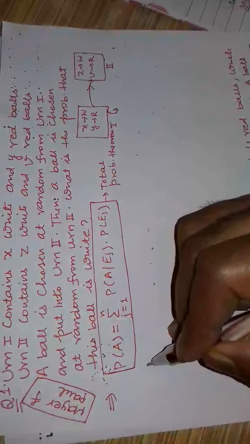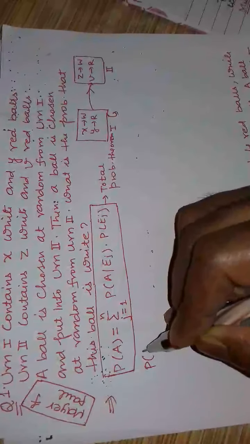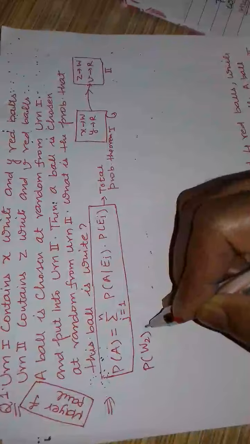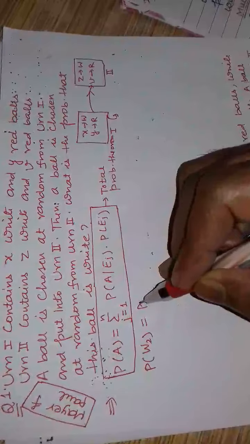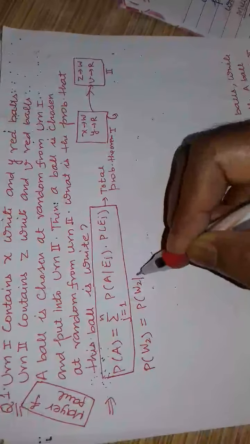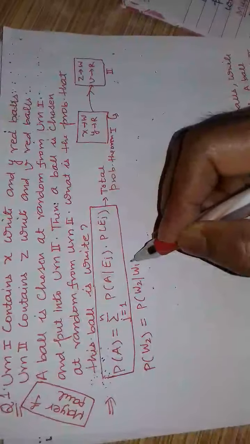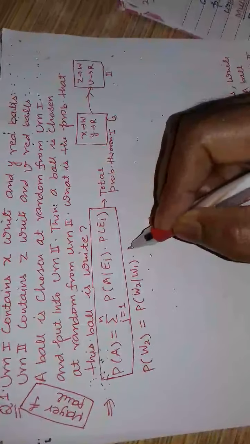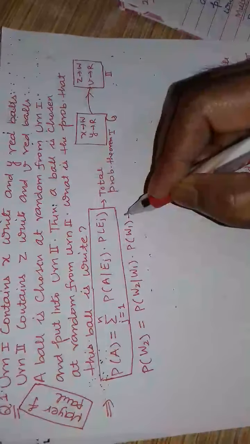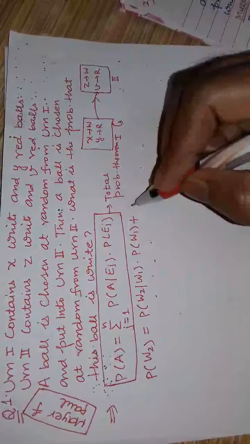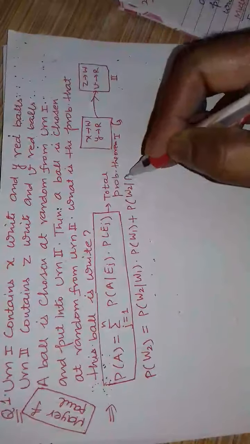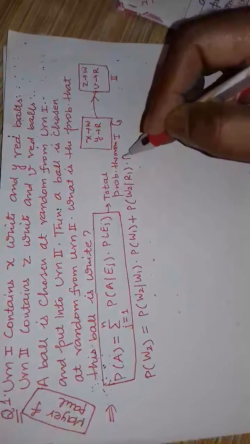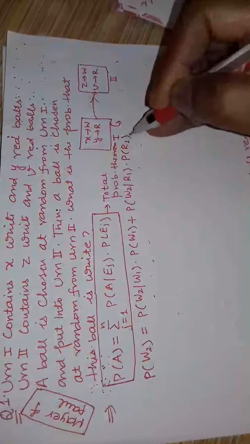Suppose the white ball drawn from urn second is named W2. So the probability of W2 can be written as the probability of W2 given W1 into the probability of W1, just applying this formula, plus the second situation, the probability of W2 given R1 into the probability of R1. This is the required formula.